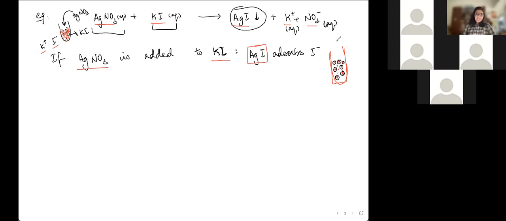Ma'am, but I still have a doubt. Now that you've taken a KI solution, K plus and I minus is my dispersion medium. Then you add AgNO3, that also dissociates into Ag plus and NO3 minus, and then Ag and I react to form the precipitate because it's insoluble. Wouldn't all the iodide ions get used up when the precipitate is formed?